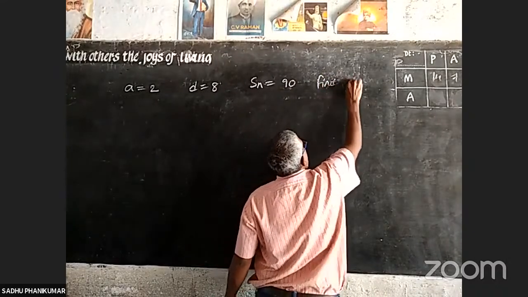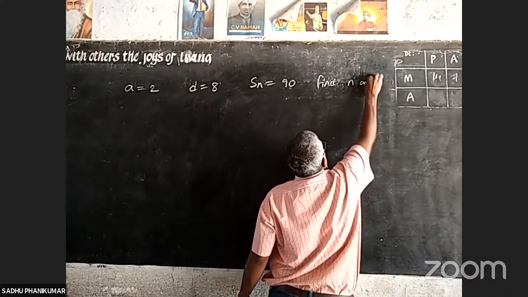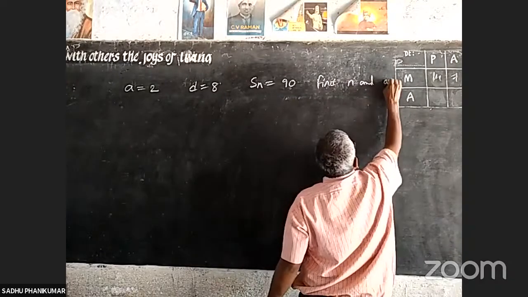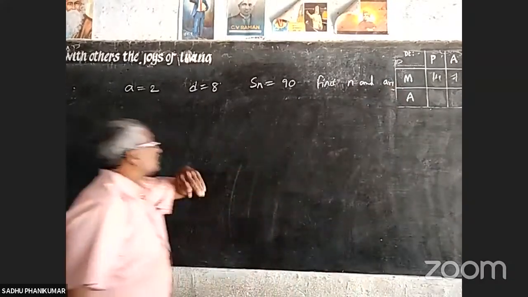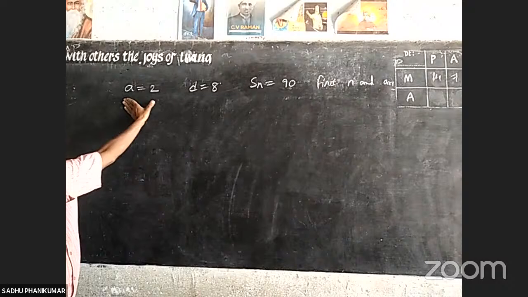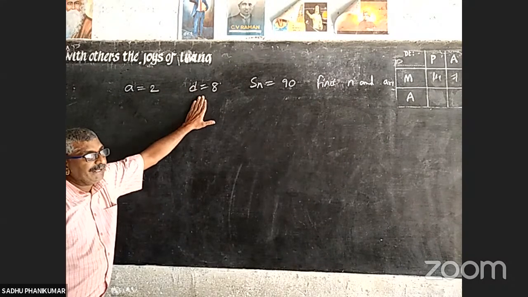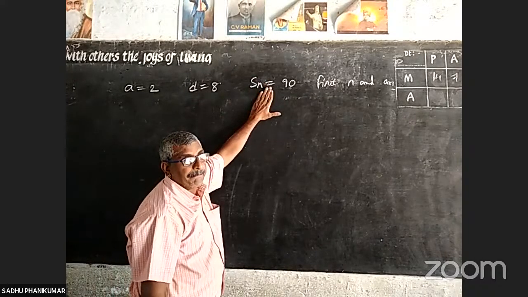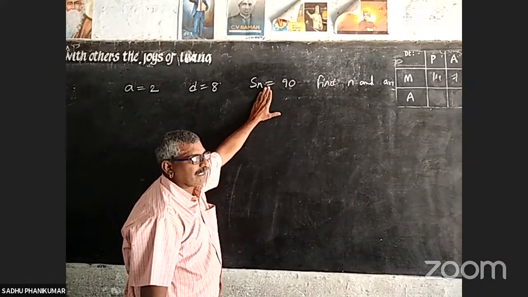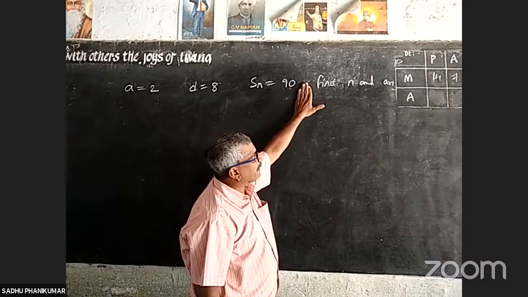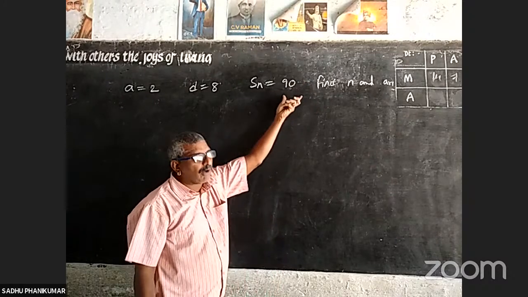Given the condition: a is given, d is given, Sn is given. Up to n terms, the sum of n terms is 90. So what is the value of n?